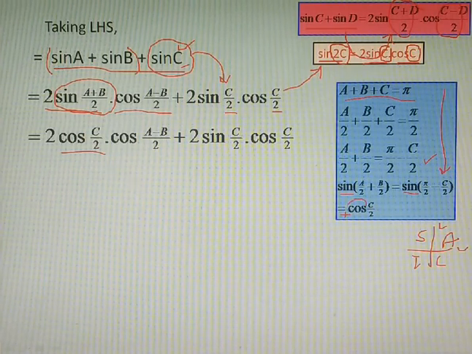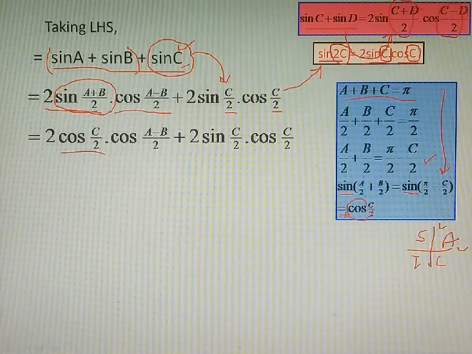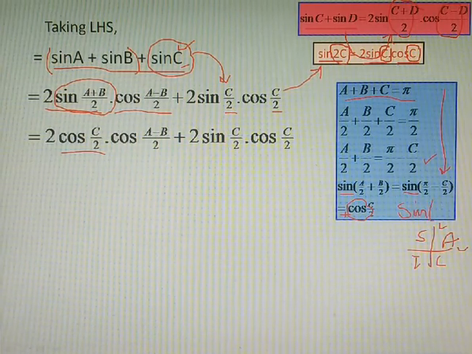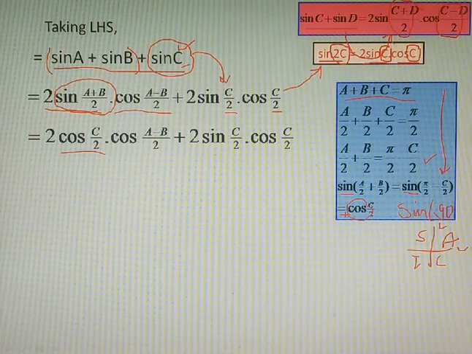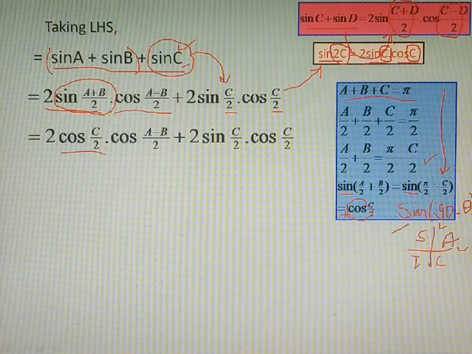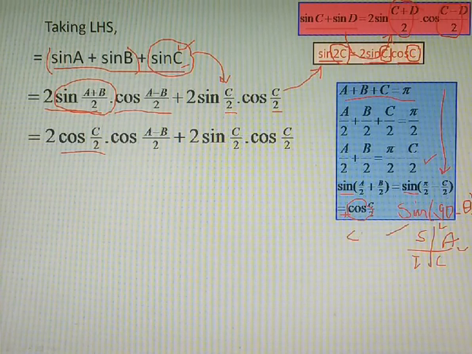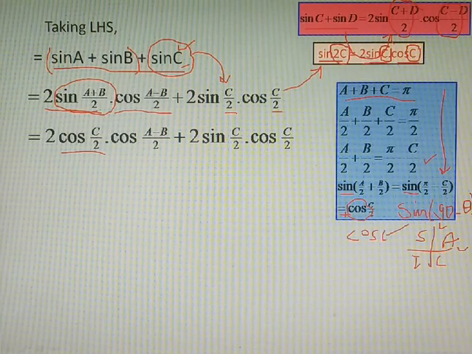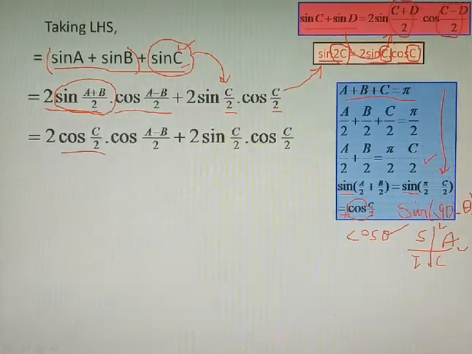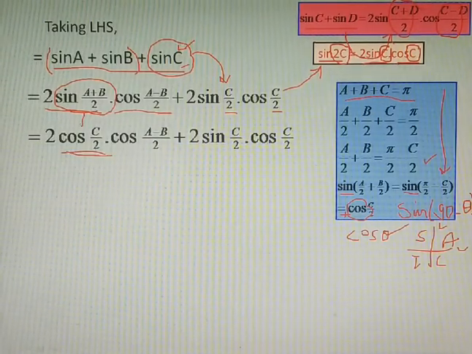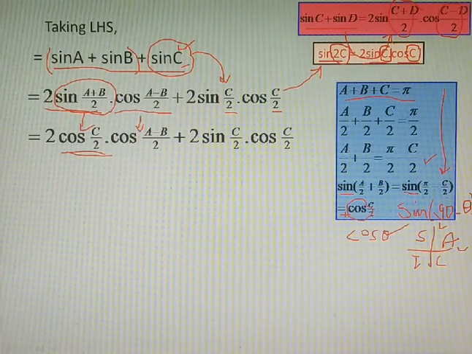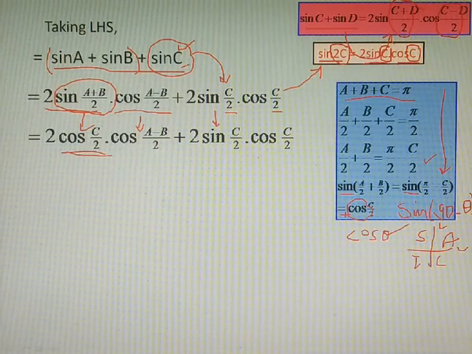And in case of this cos, if sine has angle 90 degrees minus theta, then it can be written as cos theta. So you might have learned this in your class also. That's why we have written cos C by 2 here in place of sine (A plus B) by 2. This one is repeated the same from the above step, and this one is also repeated.